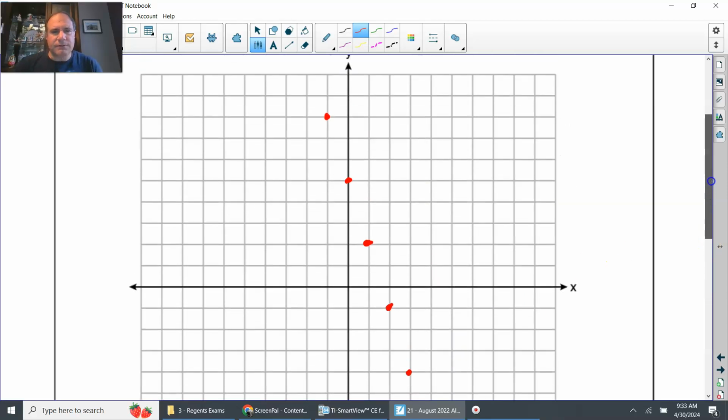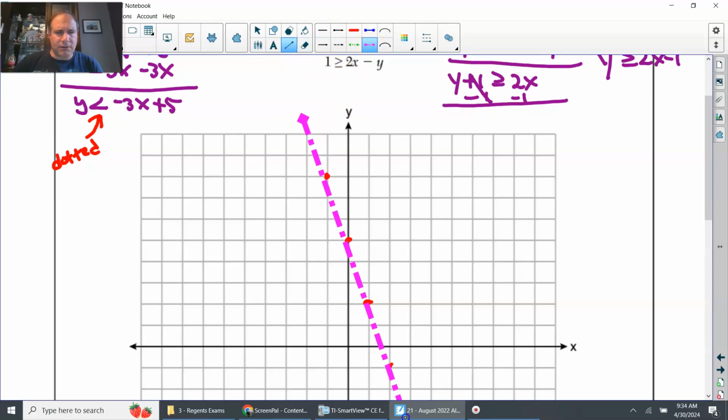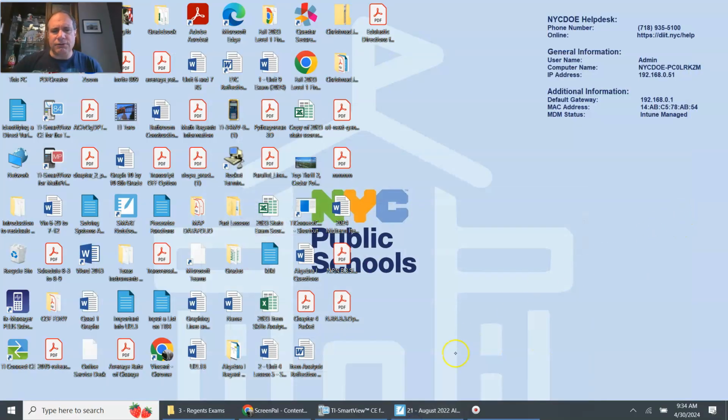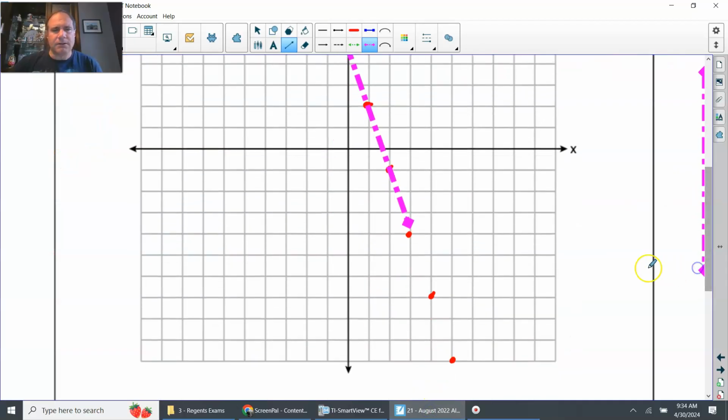So just remember, this is a dotted line because it's a less than, not less than or equal to. So when I grab my ruler, just make sure that you are putting a dotted line in and not a solid line.